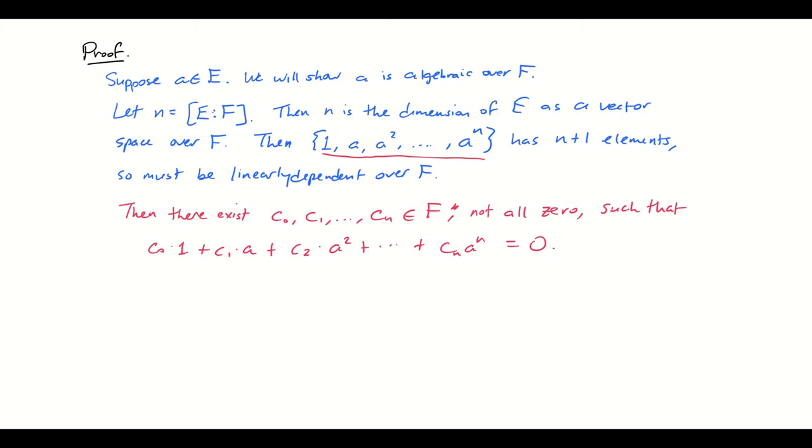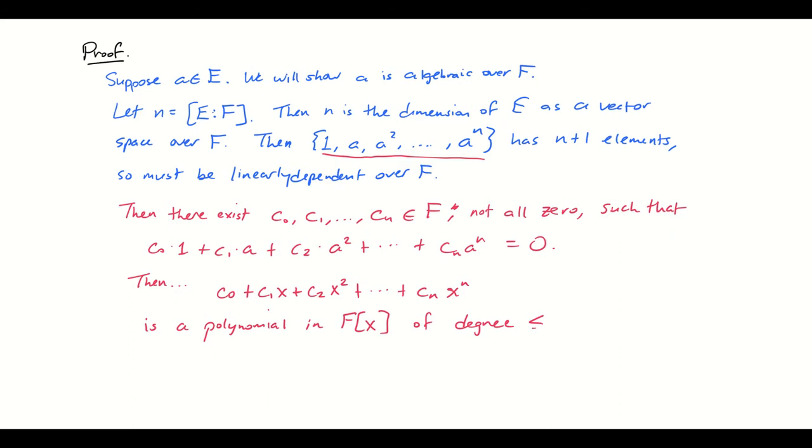Okay, but then this polynomial, C0 plus C1x plus C2x squared, etc., up through Cn x to the n, this is a polynomial in F adjoin x of degree less than or equal to n.